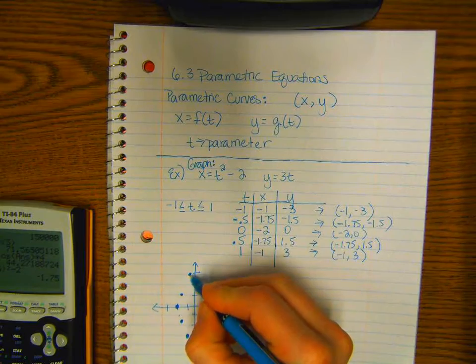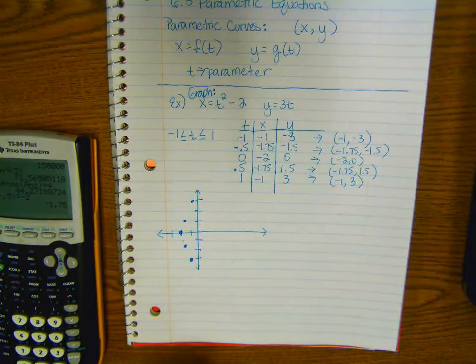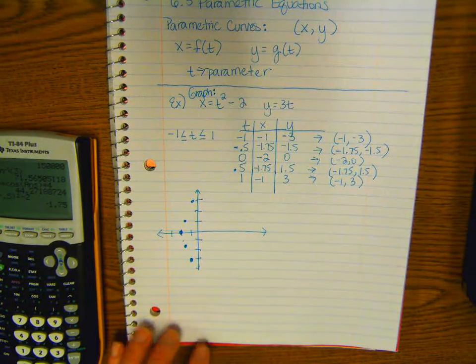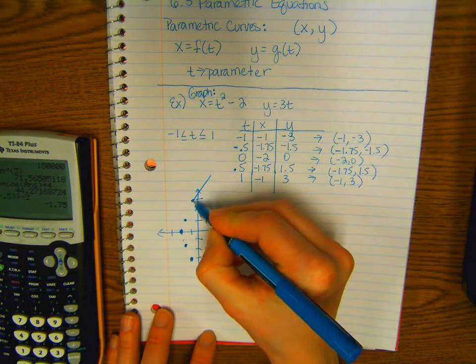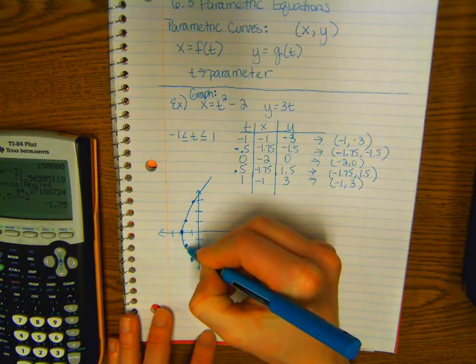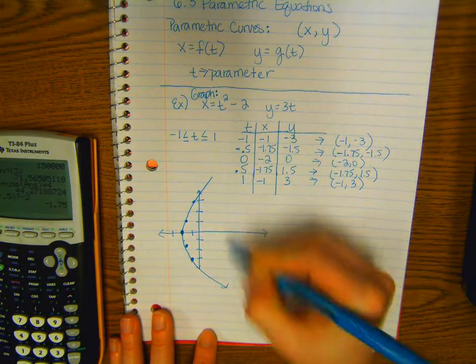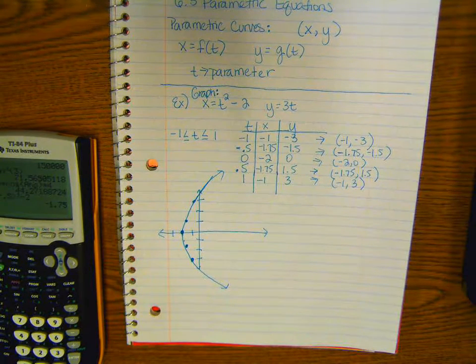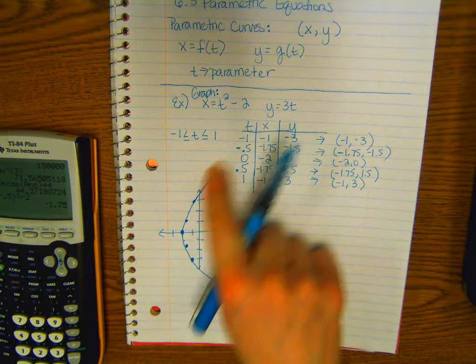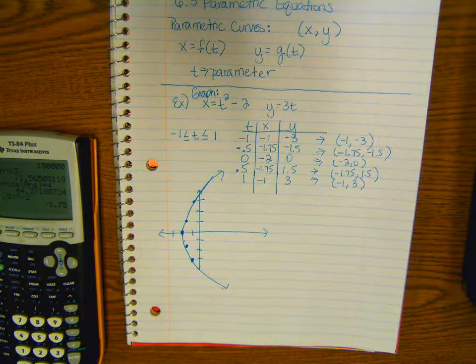Can you tell what this is going to be? What does it look like? Okay. If I were to continue graphing, a parabola, but it's opening sideways instead, right? Okay.